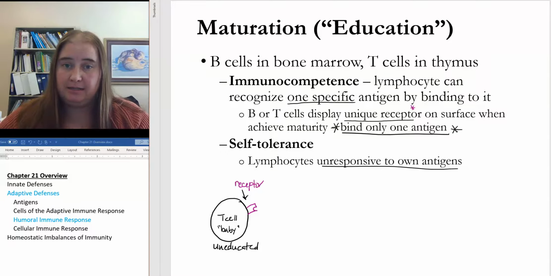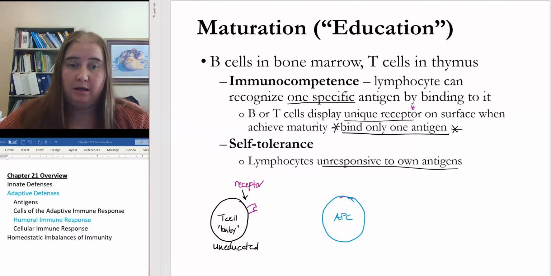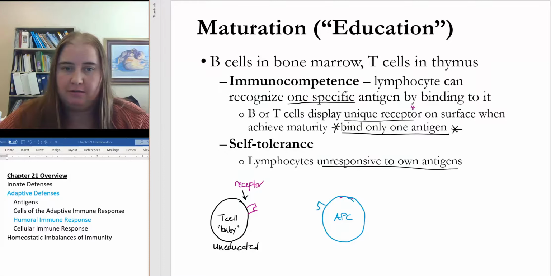Now, in this selection process, we're also going to have an antigen presenting cell, and we're going to call this an APC. Now, an antigen presenting cell has on its surface a marker that indicates it as self.